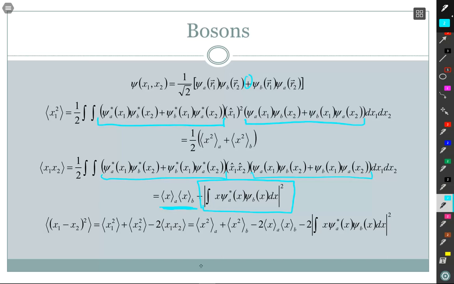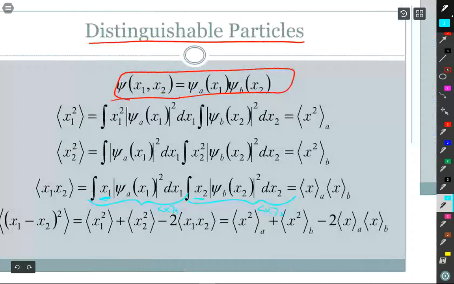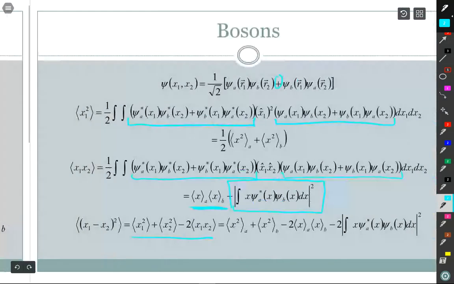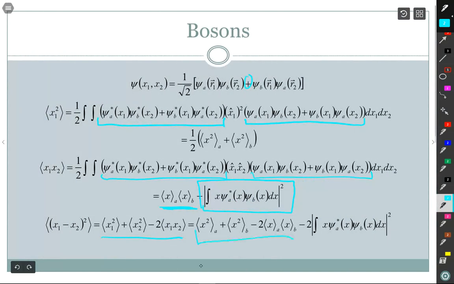So if I then take the expectation value for the separation squared, I thought you had a question. Okay, this is the definition. This here, actually, I think had the -2, right? Yep. This here is what we had for distinguishable.